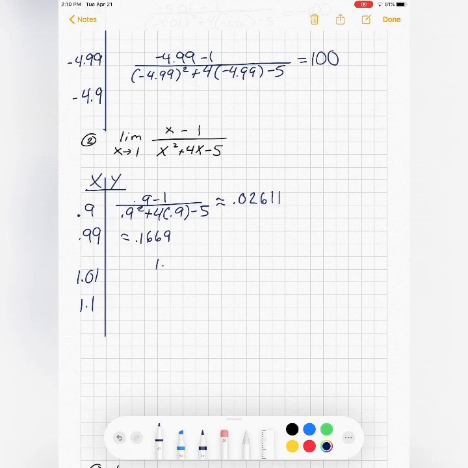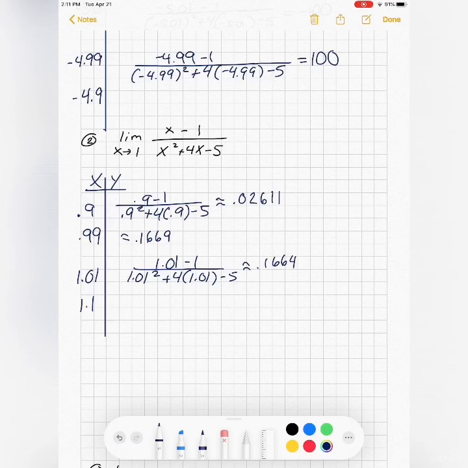So I'll write one of these out. 1.01 minus 1. Okay, get about 0.1664. Okay.